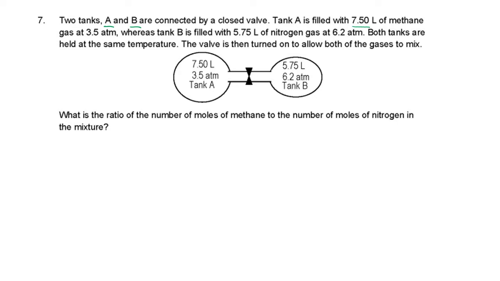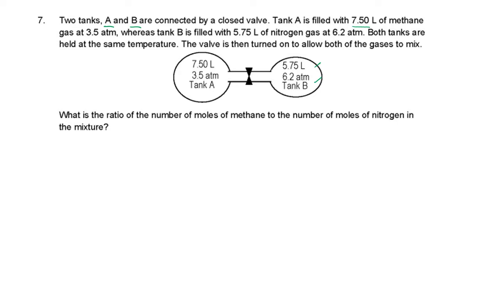Whereas tank B is filled with 5.75 liter of nitrogen gas at 6.2 atm. Both tanks are held at the same temperature.